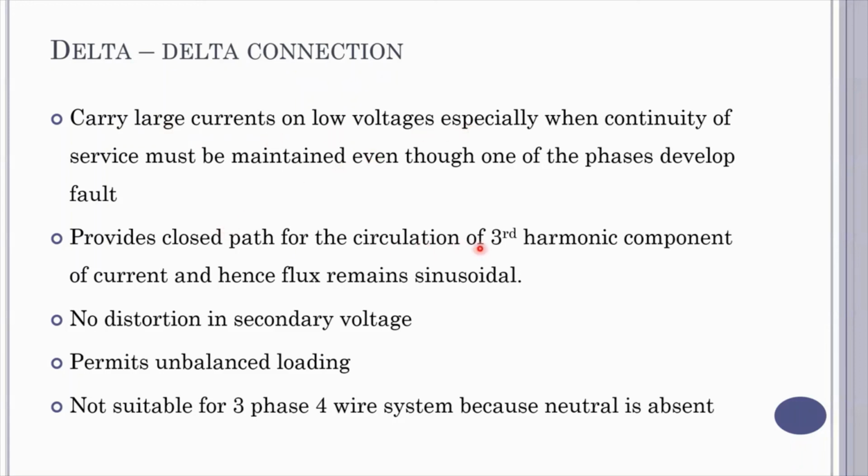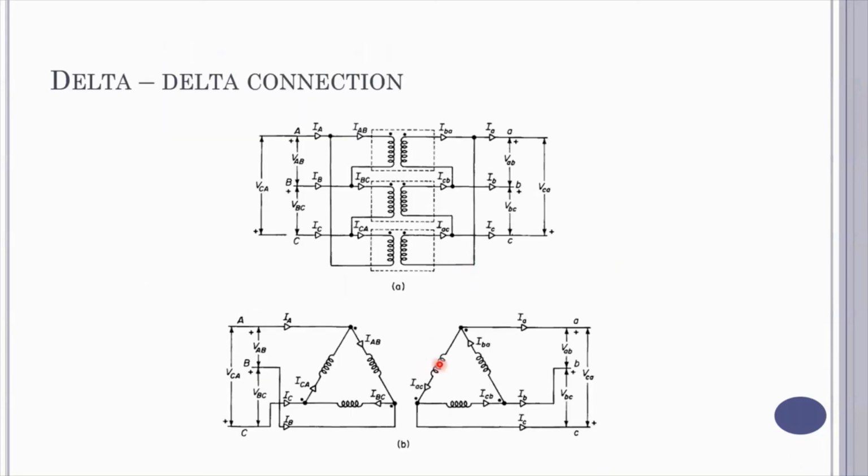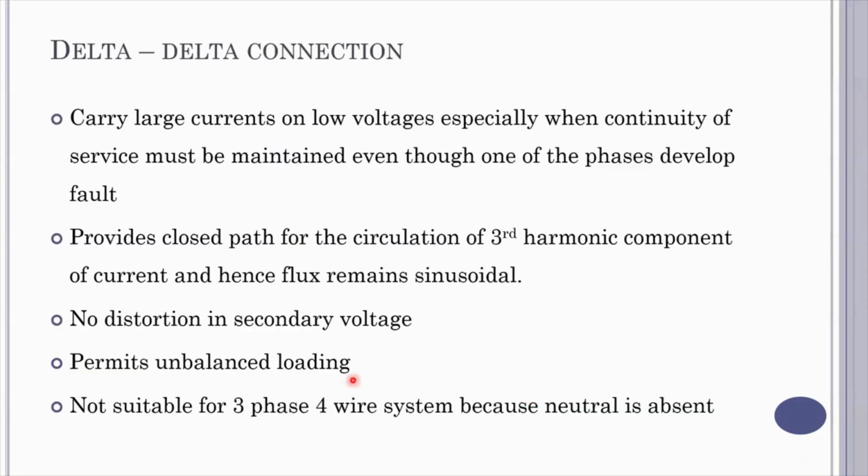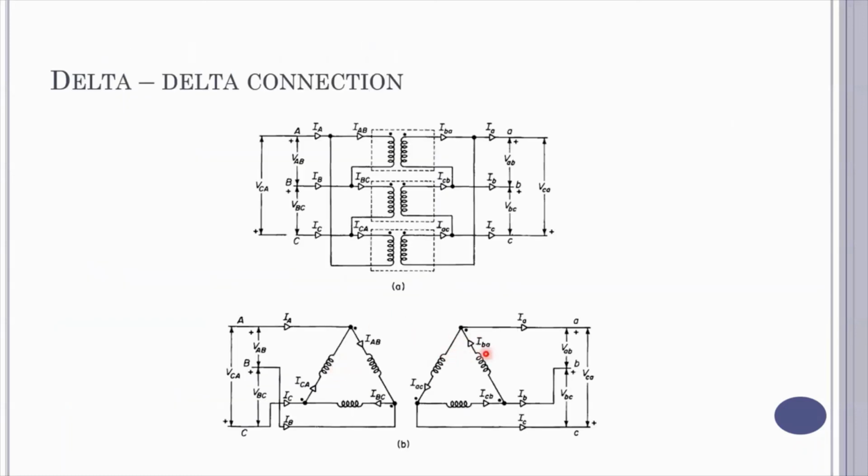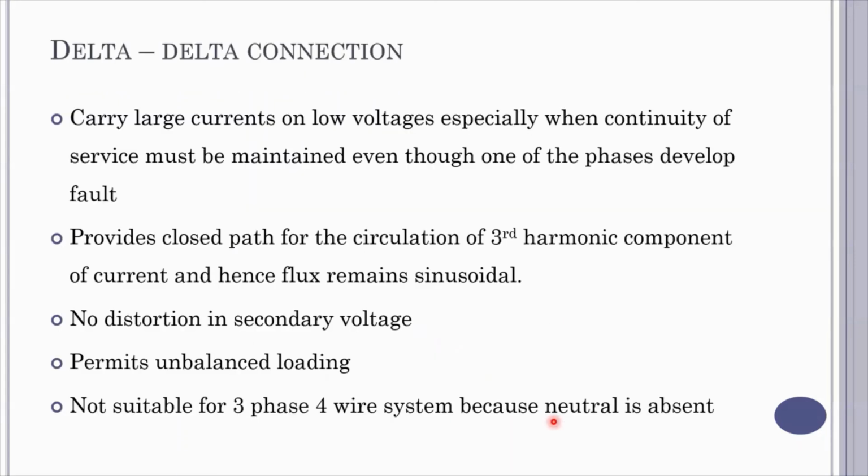And here, the third harmonic current is going to be present only within the closed path or the delta winding, and we don't find the harmonic current along the lines. And hence you don't have any distortion of voltage in the secondary, and it also permits unbalanced loading, because whatever harmonic current you have, it is going to be circulated here within the winding, and your lines are free from harmonics, and hence it's okay even if we load the transformer unevenly.